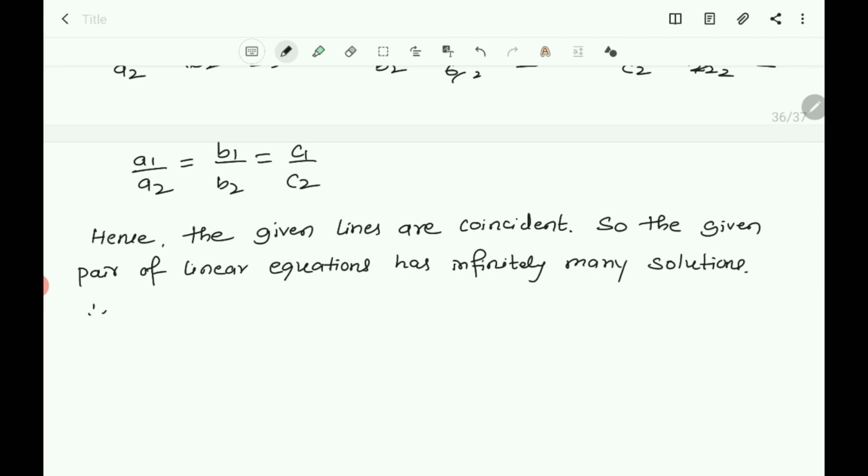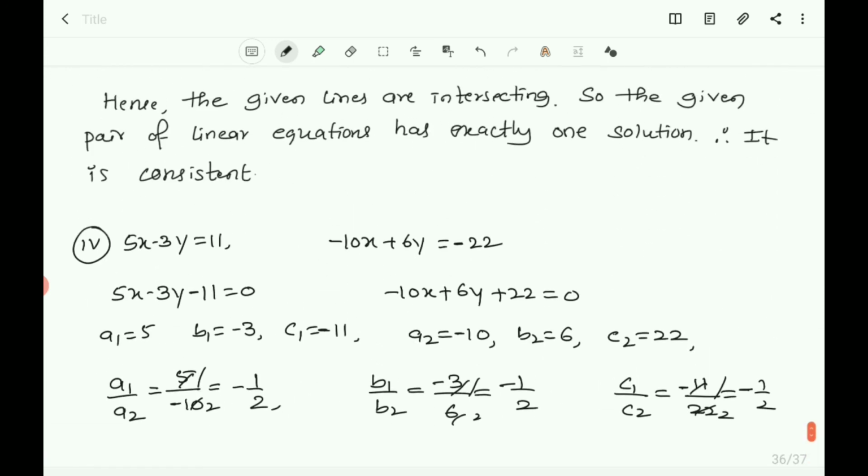Therefore it is consistent. This way we got the fourth.